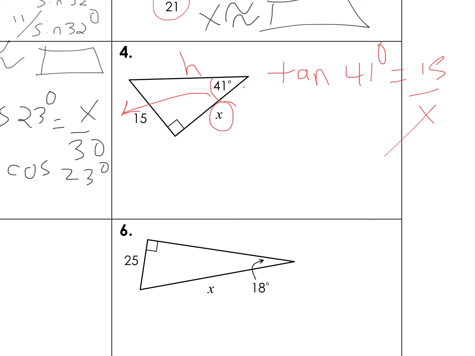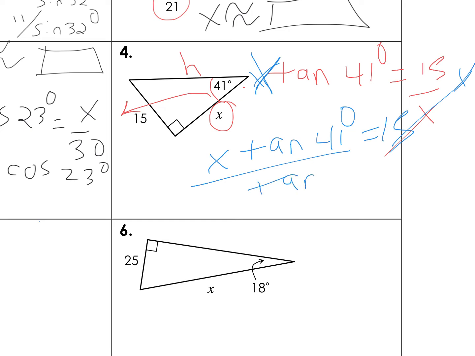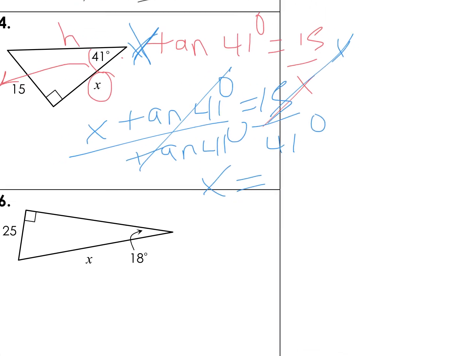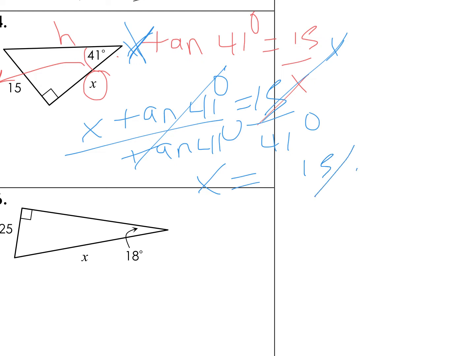This time, I have to multiply both sides by the x. And so I'm left with x tangent 41 degrees is 15. Divide both sides by the tangent of 41 degrees. Tangent cancels there. X is exactly 15 divided by the tangent of 41 degrees.